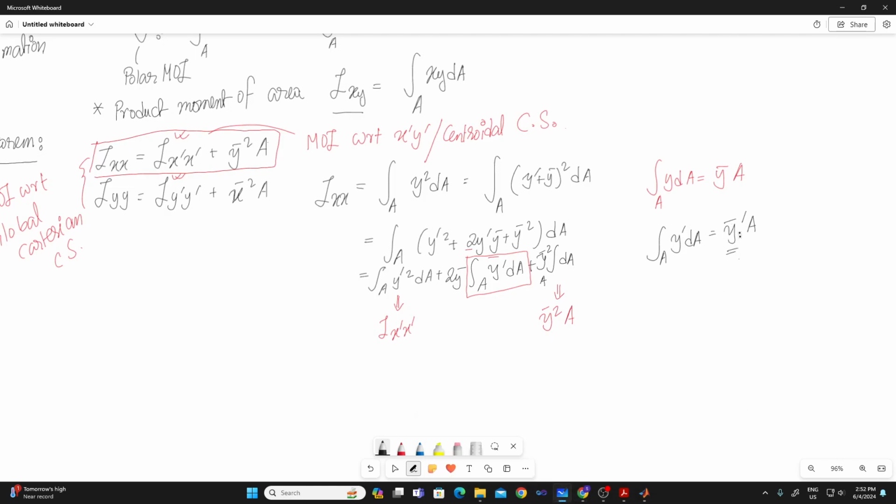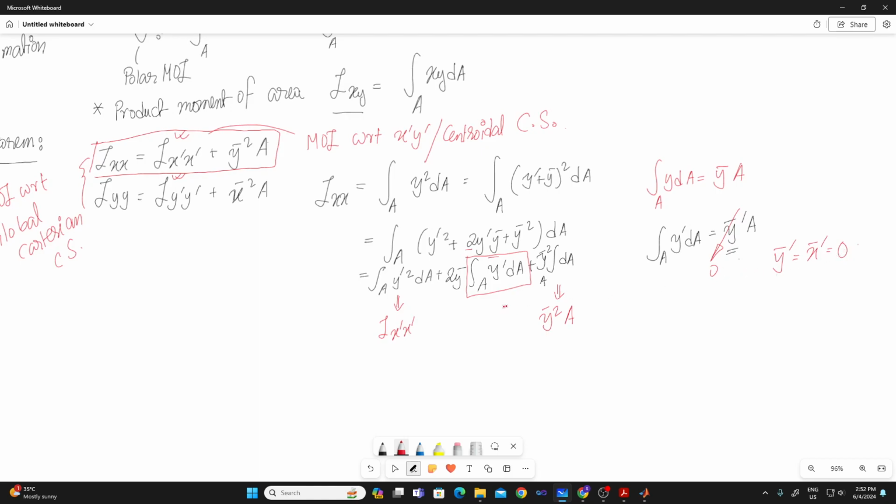That is the y coordinate of the centroid. And what is the reference for measuring the coordinate? That is also the centroid. So if you are taking the centroid as a reference for getting the coordinate of the centroid, this quantity right here must be 0. And therefore y bar prime and x bar prime, both of these quantities should be 0.